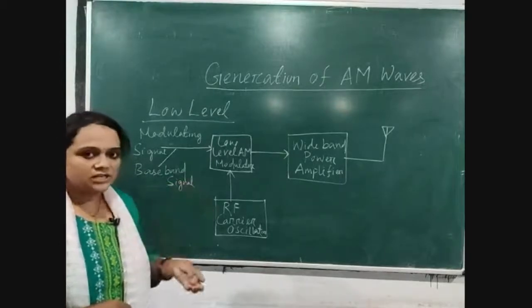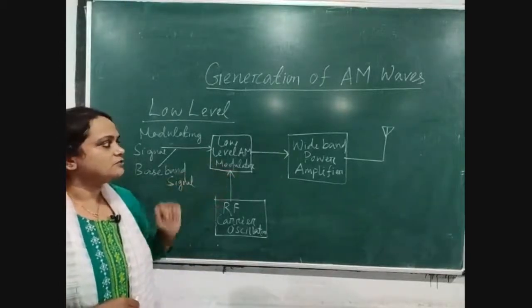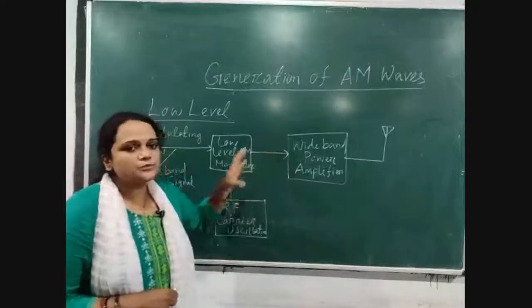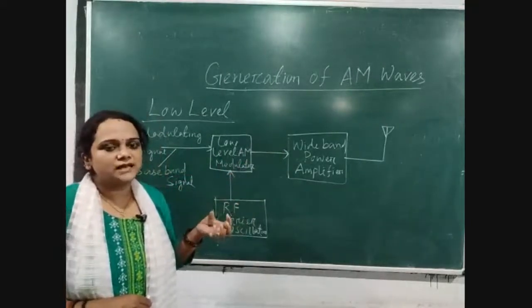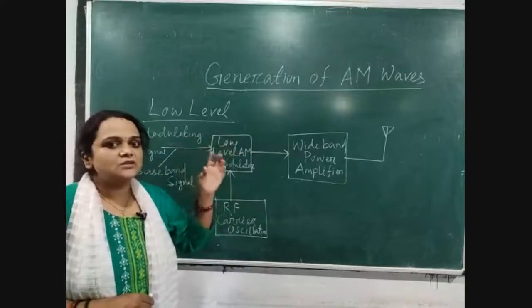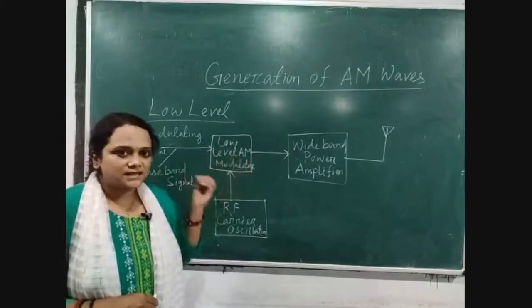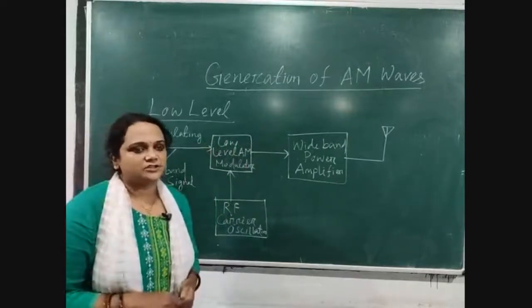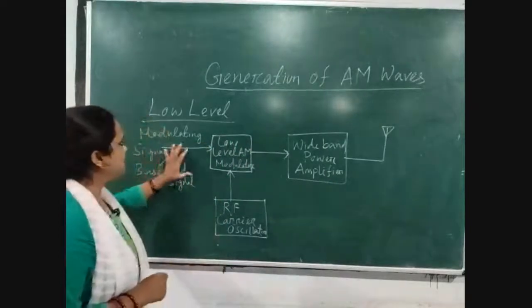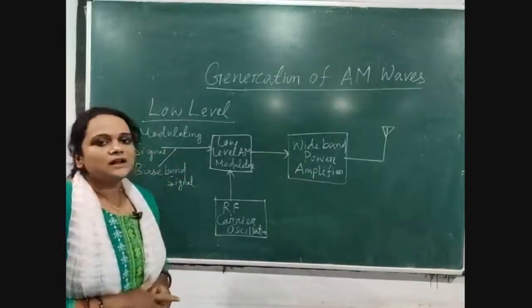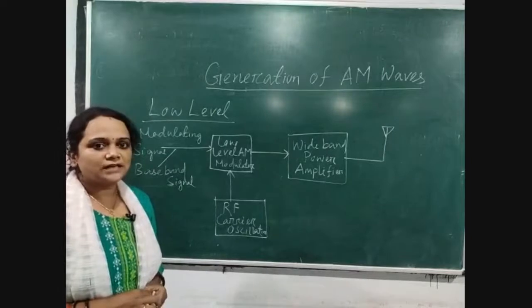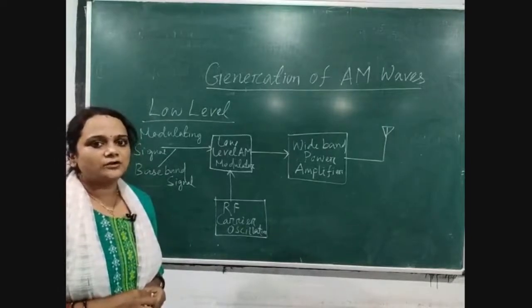So to preserve the sidebands, we use a wideband power amplifier, and this power amplifier boosts the strength of the signal to a desired level so that it can be safely transmitted and reach the receiver section. So this is all about the low level modulator. Examples of low level modulators are the switching modulator and the square law modulator.